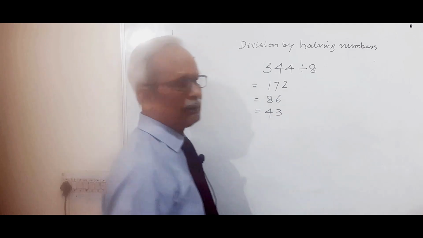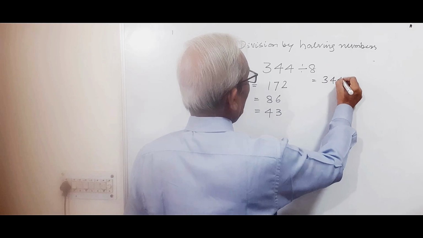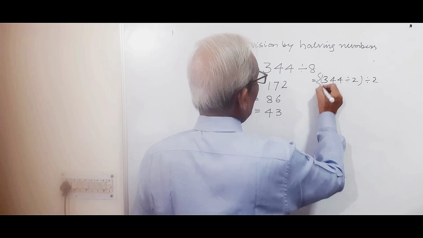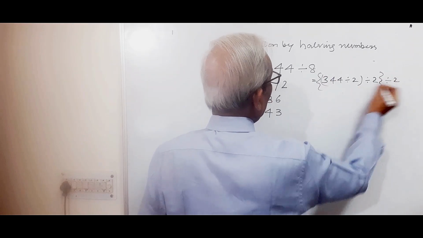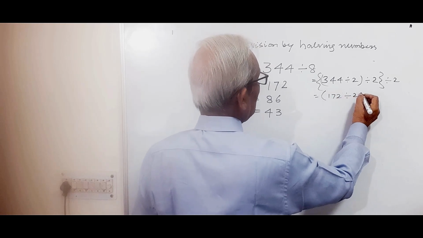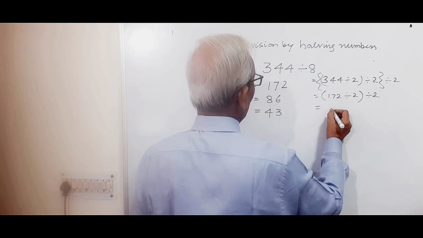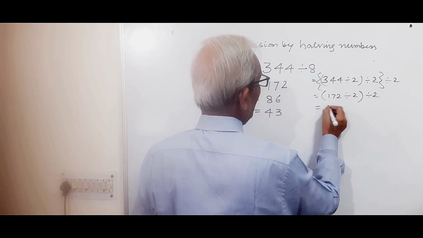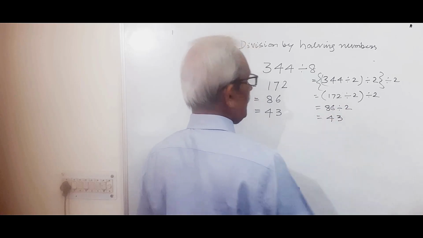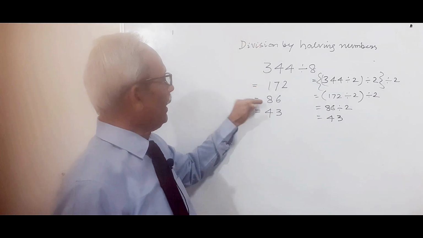It's quite simple. 344 divided by 2 divided by 2 divided by 2, which is equal to 172 divided by 2 divided by 2, which is equal to 86 divided by 2, which is equal to 43. Right? So we can straight away do it from here. Halve it thrice: 172, 86, 43.